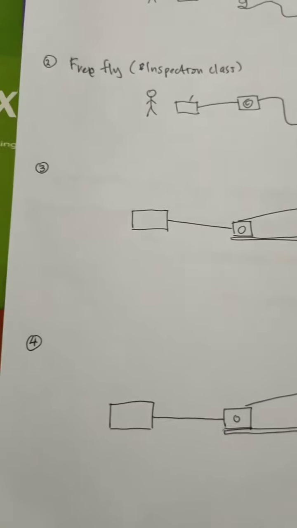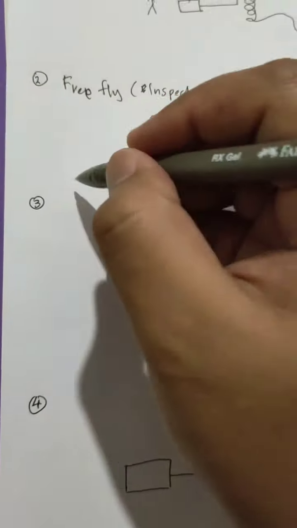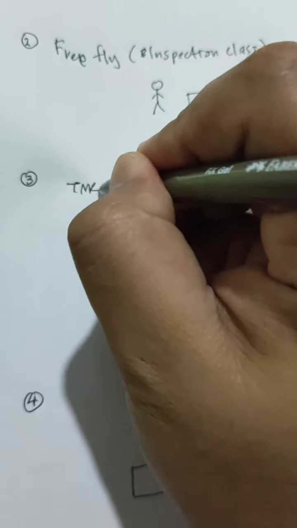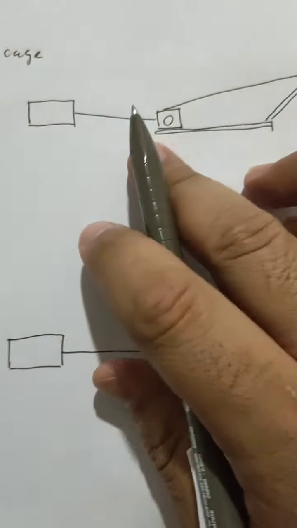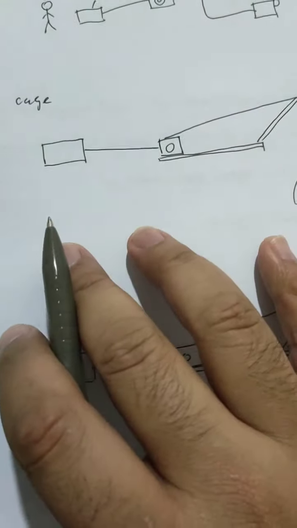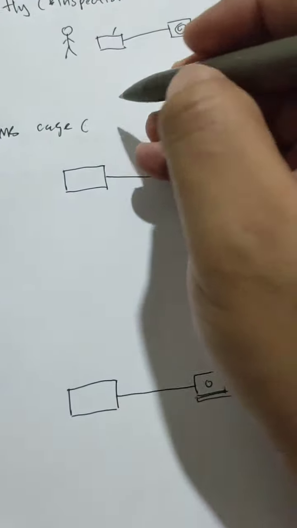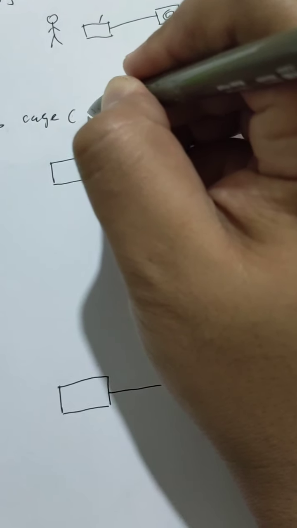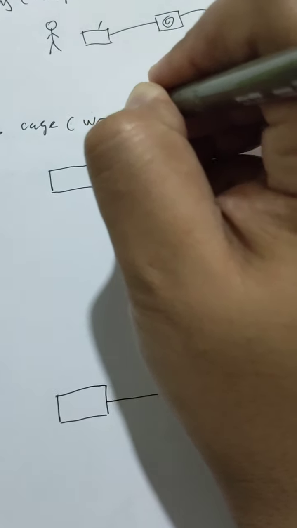Okay, the third mode of operation is called TMS cage. We can class this type of ROV as a work class ROV.